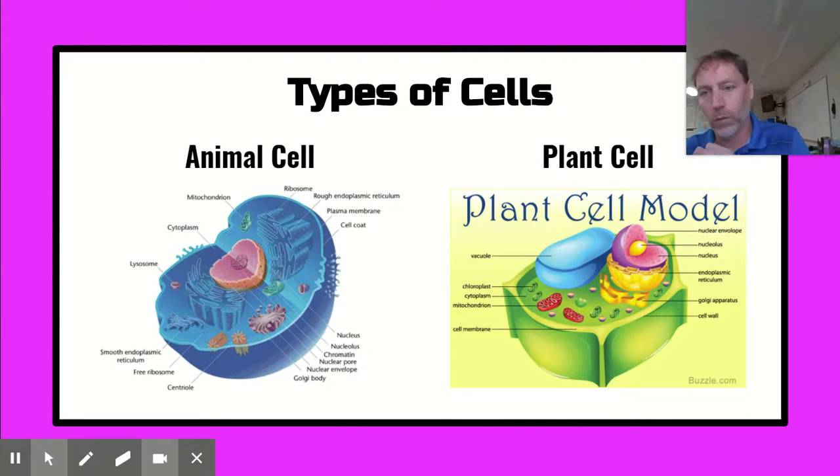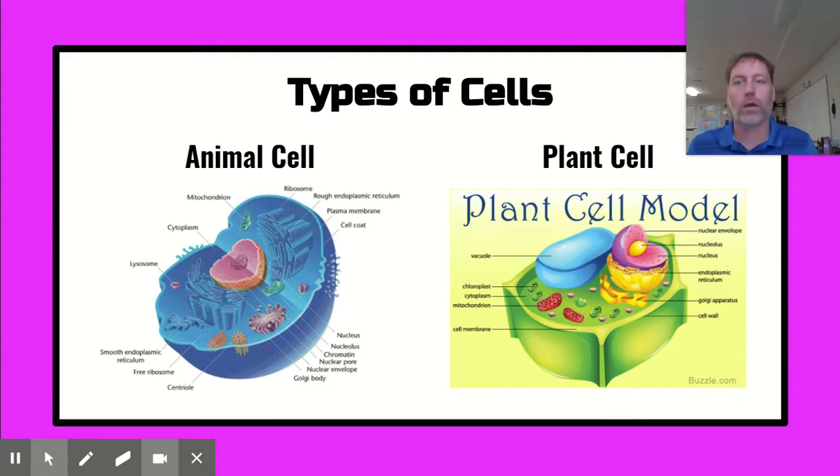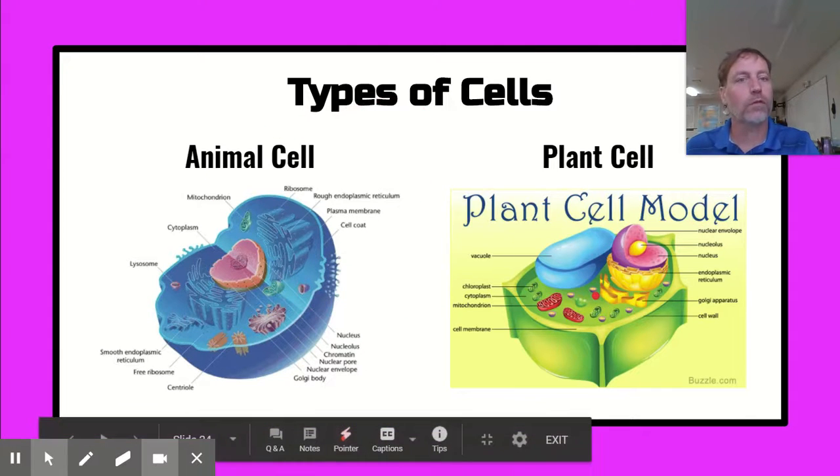There are parts of the city where the power is produced, where the road is laid down, and where the garbage is collected, and you have the government and the mayor, the police officers, and the firefighters, all those that keep the city running. Those things that have specific jobs to keep the cell running are called organelles.